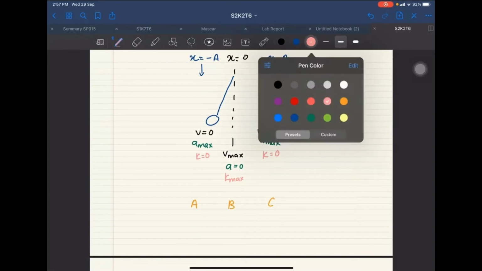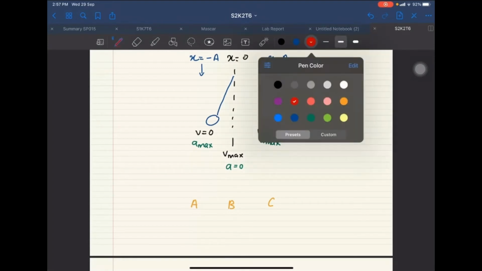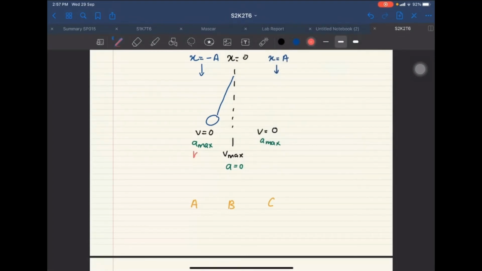Okay, if you guys still remember from the definition, dia sebut yang there is no energy loss. Betul tak?